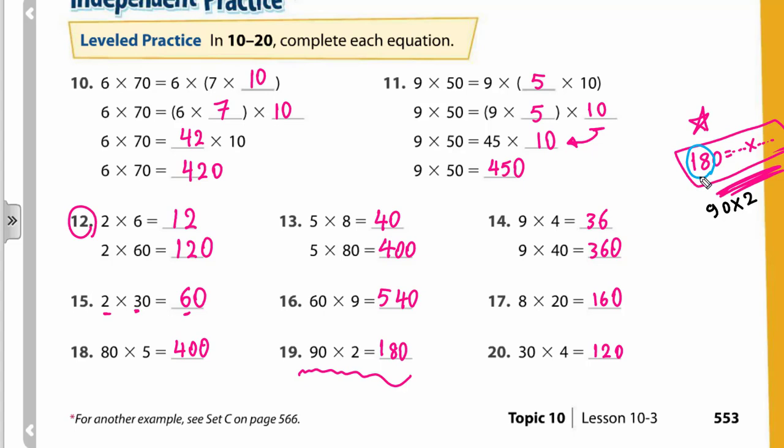Think first of the 18. What numbers can you multiply to get 18? We know that 9 times 2 equals 18. Adam, do we have any other two numbers that we can multiply to get 18?